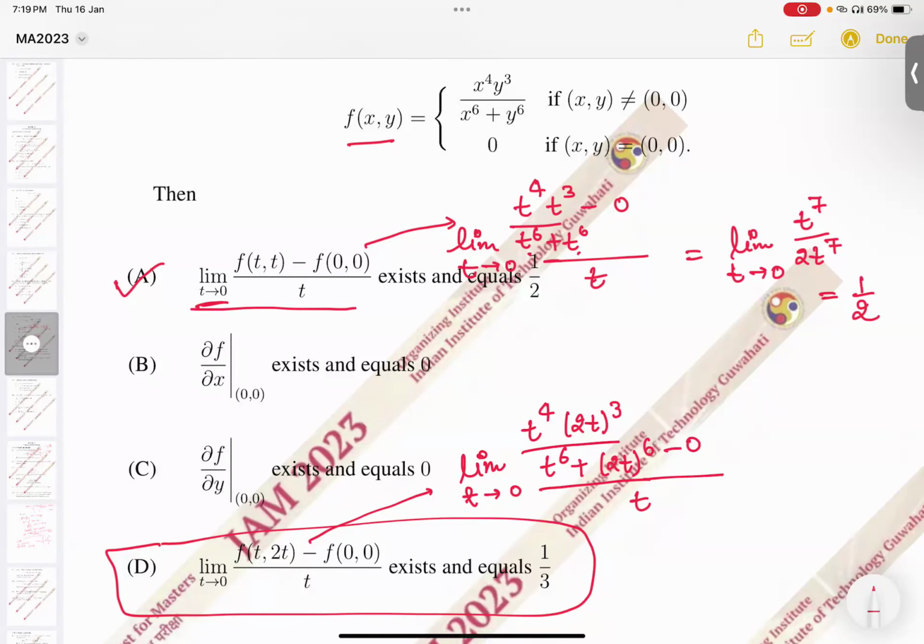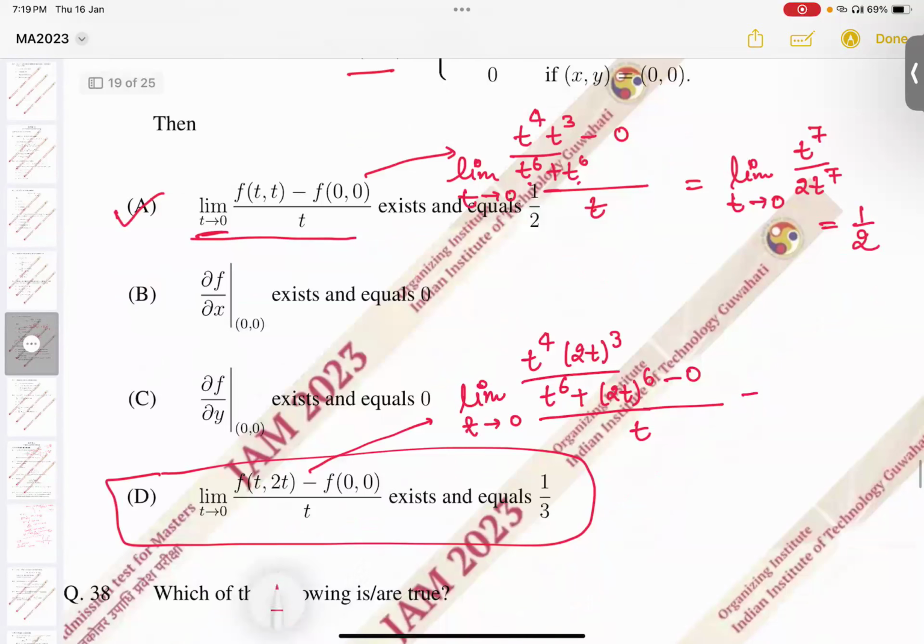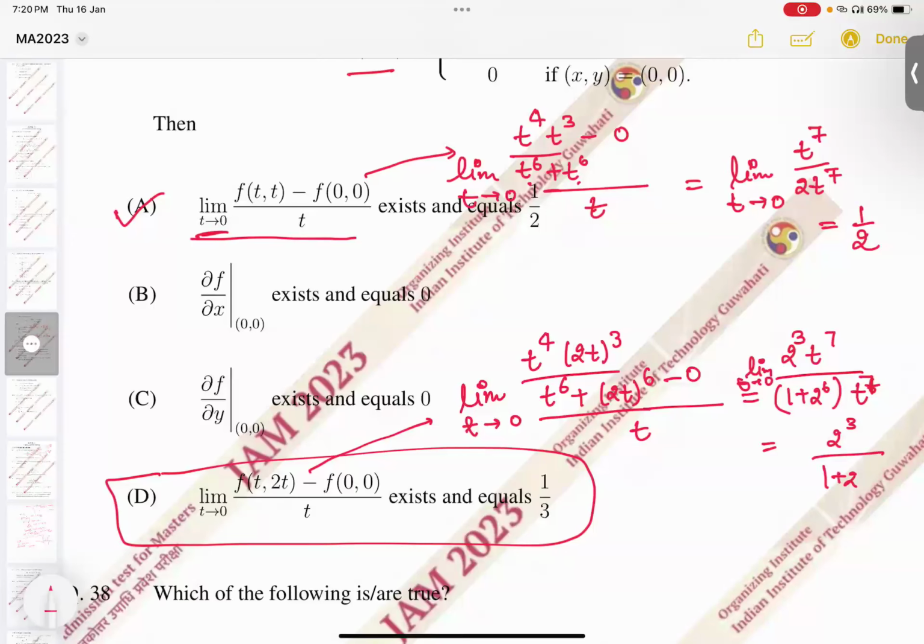So many persons in the comment box are saying false. So this will be equal to 2 to the power 3, t to the power 7 upon 1 plus 2 to the power 6, t to the power 6, and the limit t tends to 0. So this will be equal to 2 to the power 3 upon 1 plus 2 to the power 6. This is obviously not equal to 1 by 3. So this is not true, right.